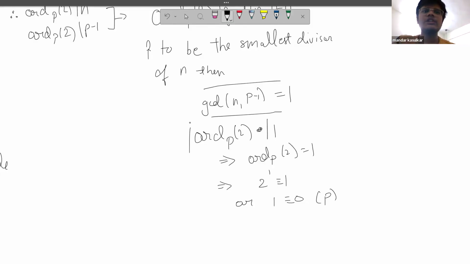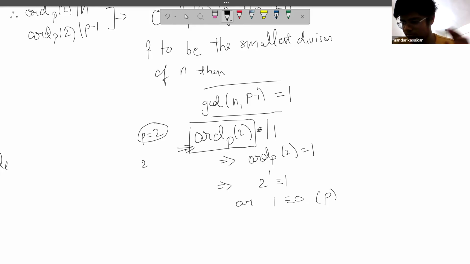We are freely using the order of 2 modulo p, but we never checked if this actually exists. What happens if p is equal to 2? Then this order just won't exist.